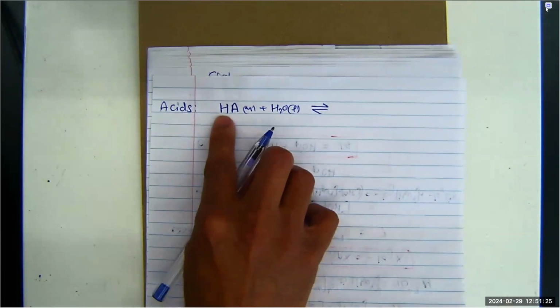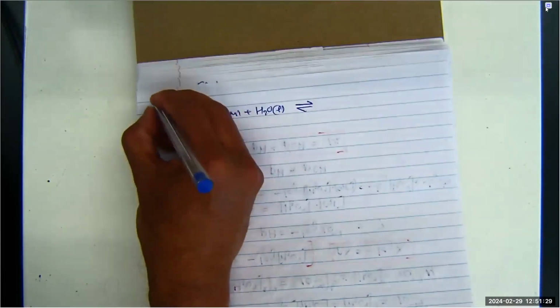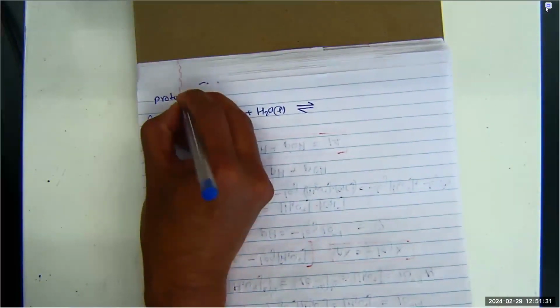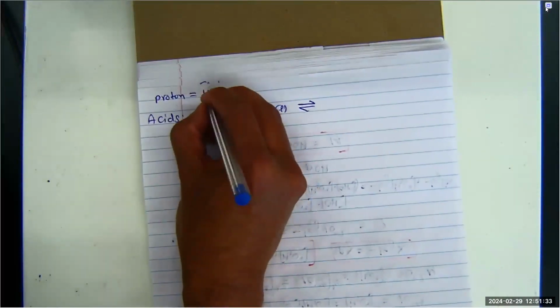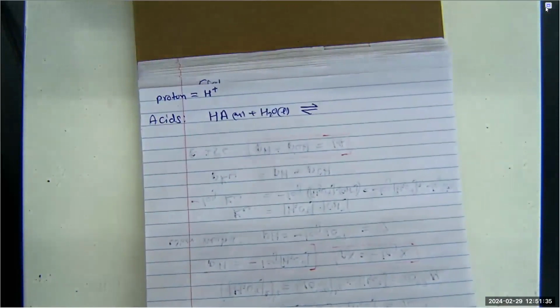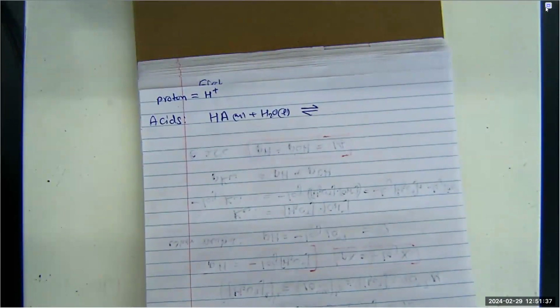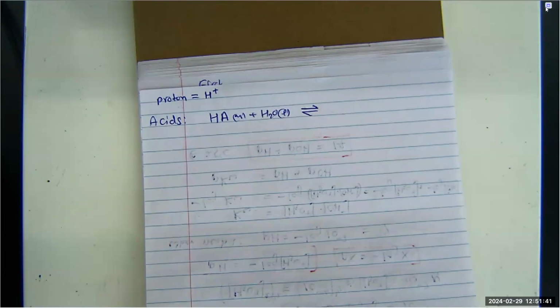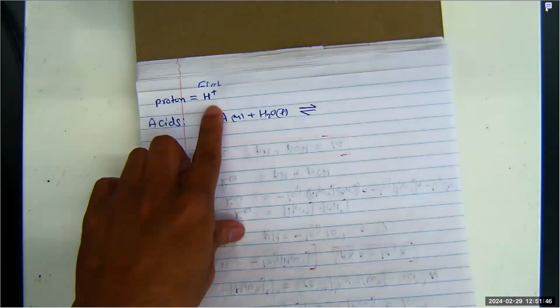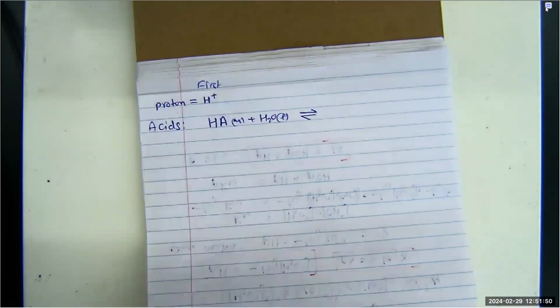By the way, maybe I should have mentioned this the other day as well. I kept saying proton. What is a proton? Proton is an H plus ion. Why do I call that a proton? Because if you think about it, hydrogen has only one proton and one electron. If you remove that one electron, you are left with what? Just one proton. That's why we call H plus protons.